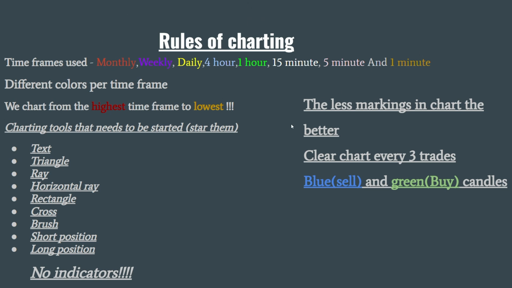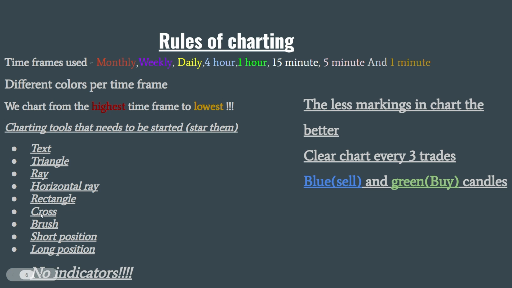Remember that. Now here are the tools we're going to be using, which is the text tool. You guys could start it in TradingView. The text tool, the triangle tool, the ray, the horizontal ray, the rectangle tool, the cross.